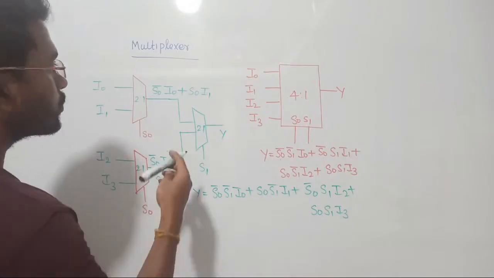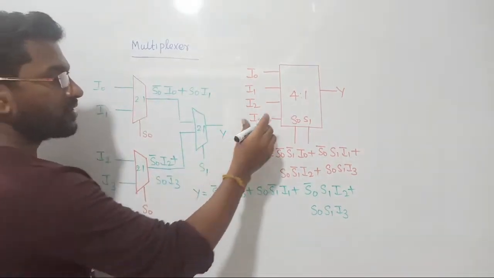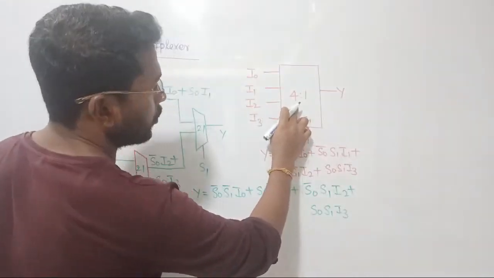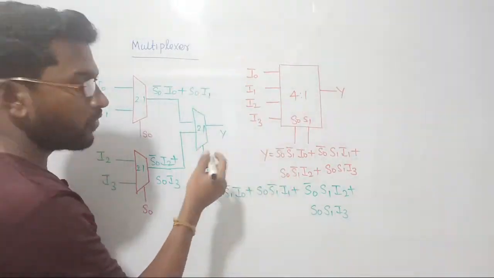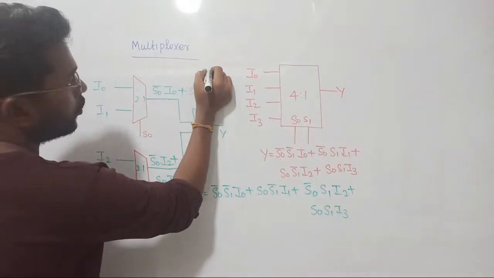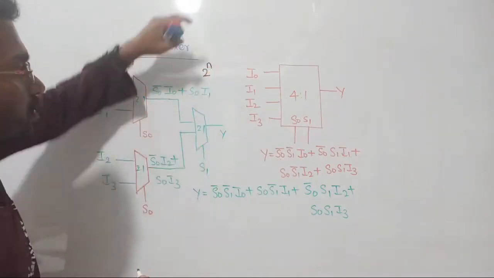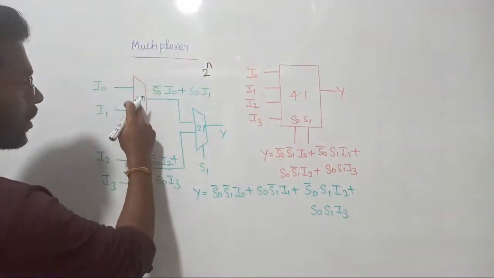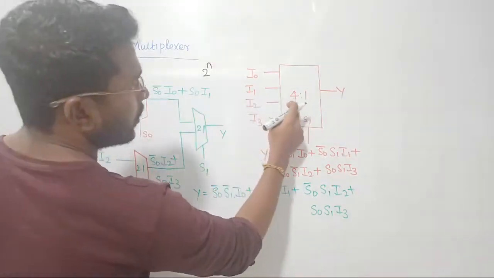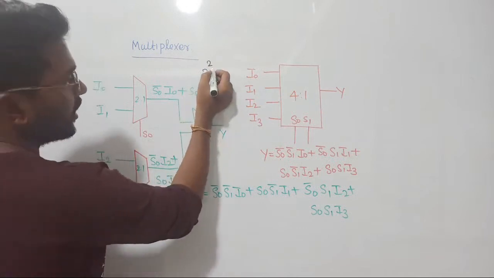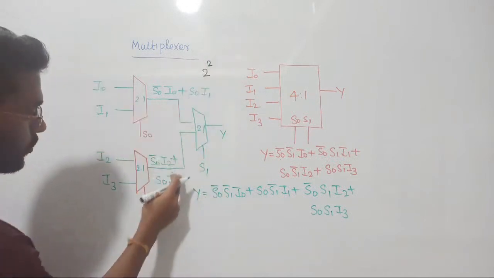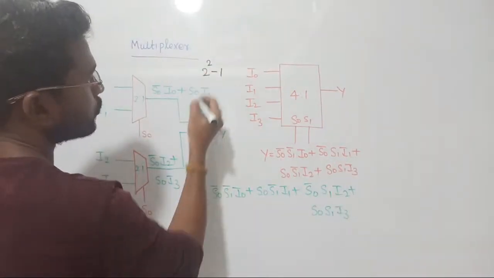If you want to generalize, let me generalize. So if you want to design a 4 cross 1 mux, then how many muxes are required here? 2 power n minus 1. For example, let me consider a 4 cross 1 mux, where n equal to 2. If I put n equal to 2, then I am getting 4. But how many muxes should be required here? 2 power n minus 1 muxes.